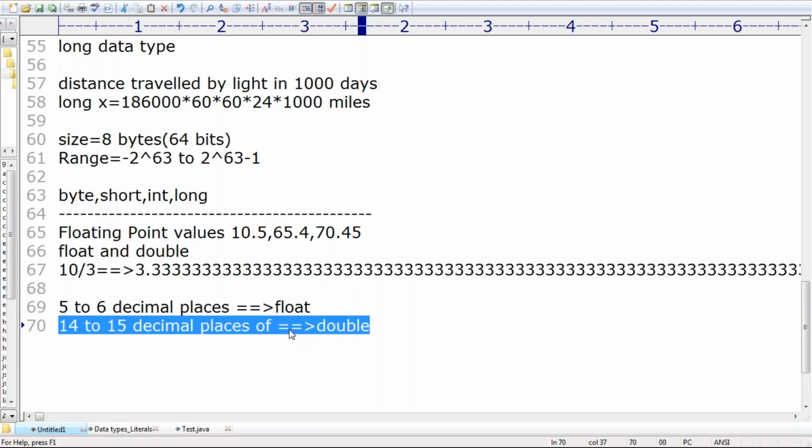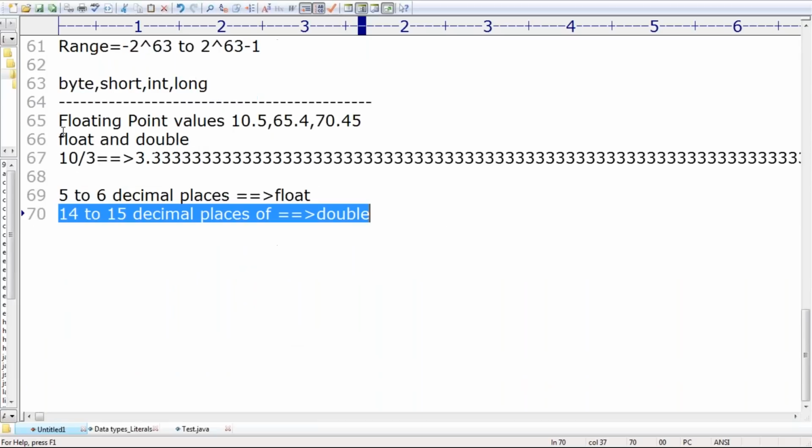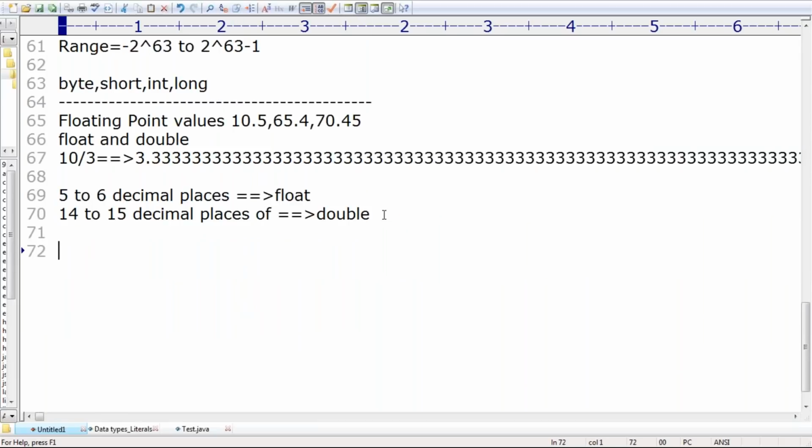Okay, next, this is about when we should go for float and double. If it is the float type, what is the size? Size of float is 4 bytes. Remember this one. What is the range? Range of float means minus 3.4 E38.